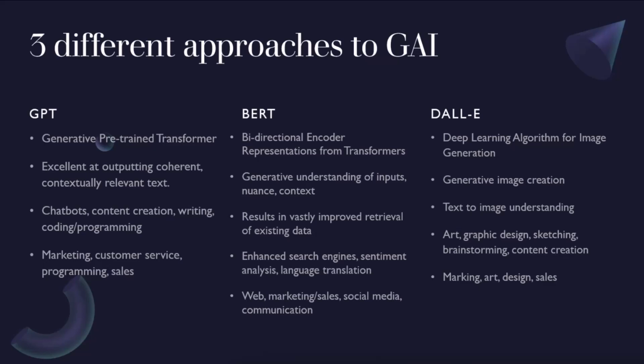But a GPT stands for Generative Pre-trained Transformer. So this is usually something that generates text that is coherent. It's human-like. It's useful for things like writing assistance, content generation, and even programming.